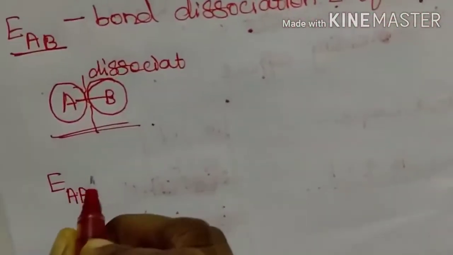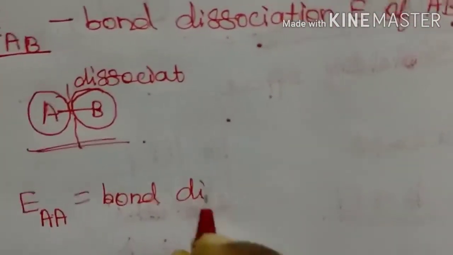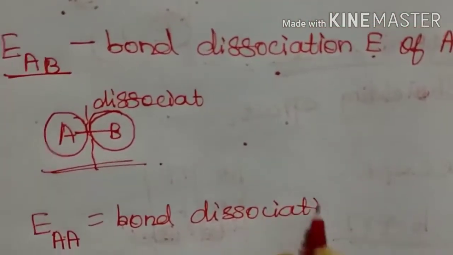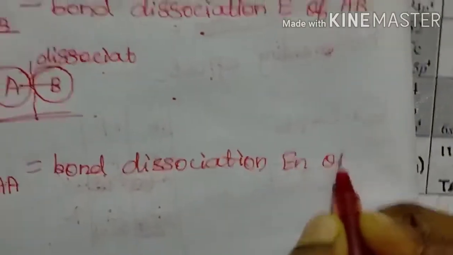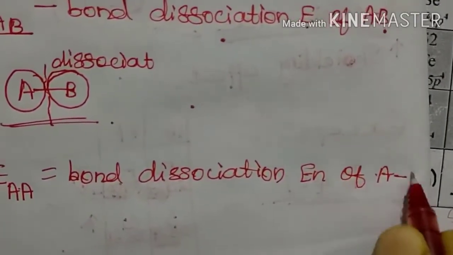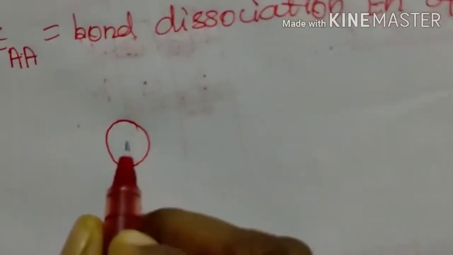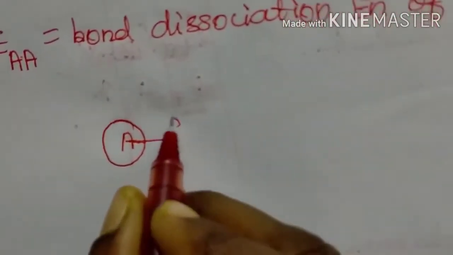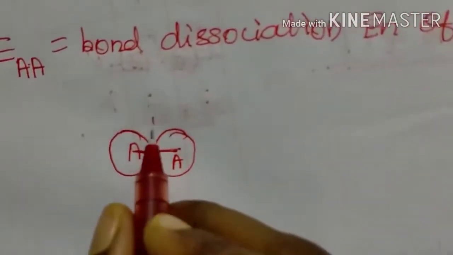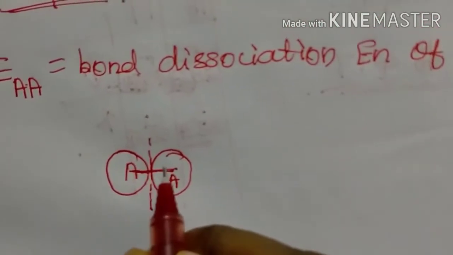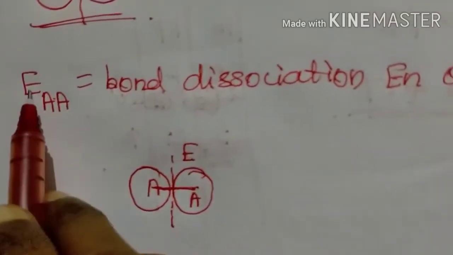EAA equal to bond dissociation energy of A bonded with A. Atom A bonded with another atom A. So we dissociate, or break, this covalent bond with some amount of energy.